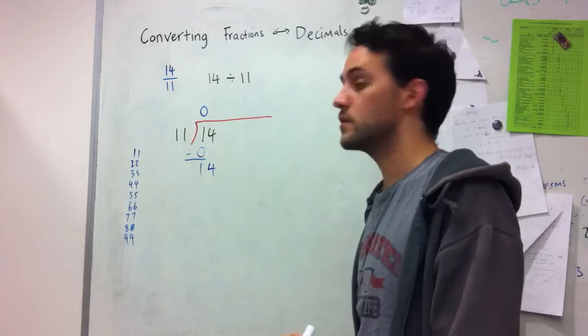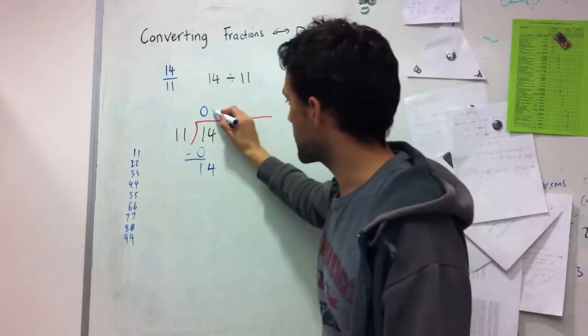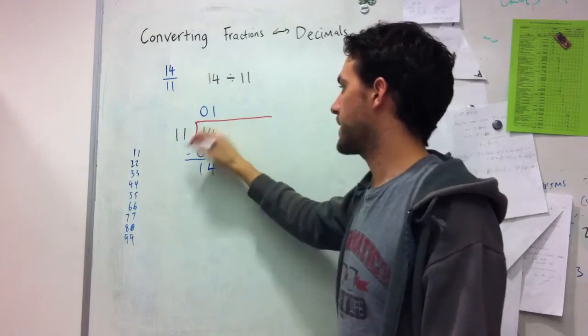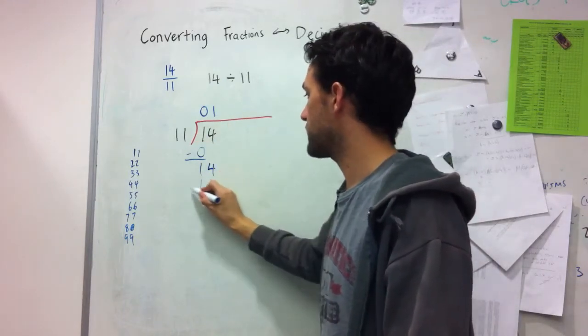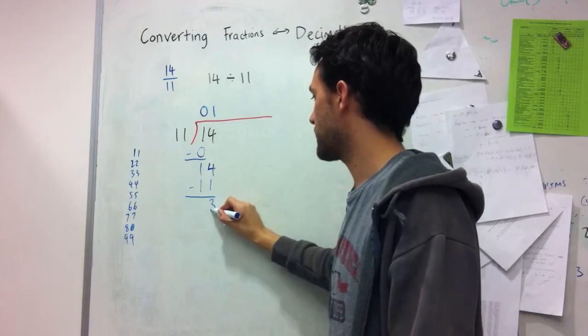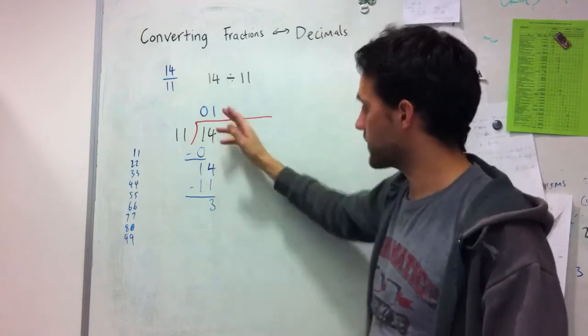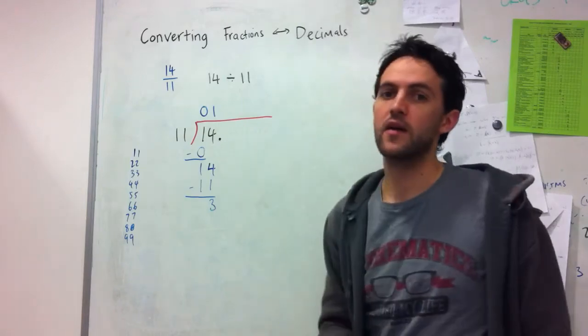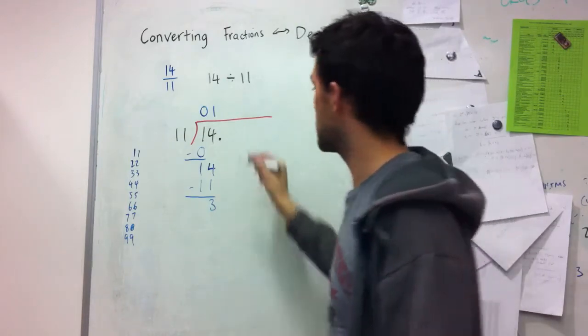And I say 11 into 14 units, and this gives me 1. And 1 times 11 is 11, so that means that my remainder here must be 3. Now at this point, that was in my units column, and I'm now going to put in some placeholders just so that I can continue the division.